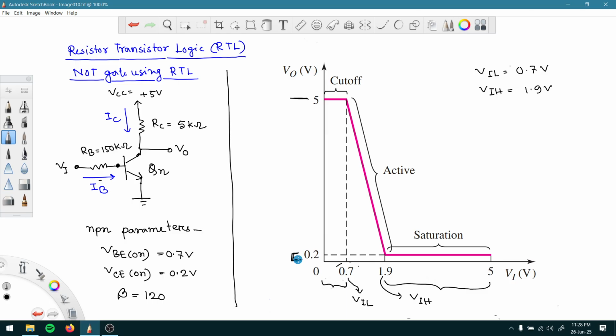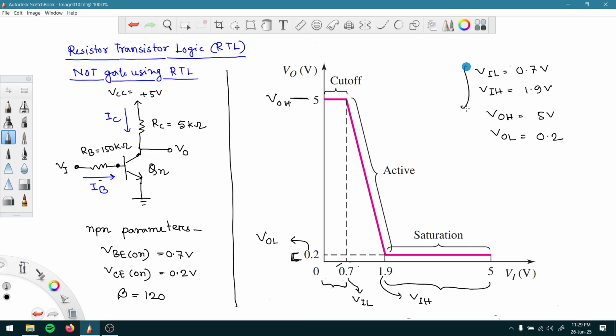This is the accepted range of voltages for logic low for the output. So we can define VOH as 5 volt, because this is the minimum allowed voltage for the output pin of the logic gate, and 0.2 should be VOL. This is the maximum value allowed for the logic gate output. So VOH is equal to 5 volt, and VOL is equal to 0.2.